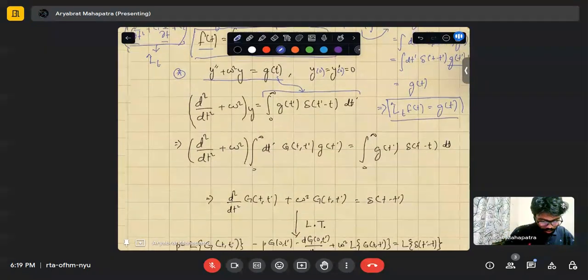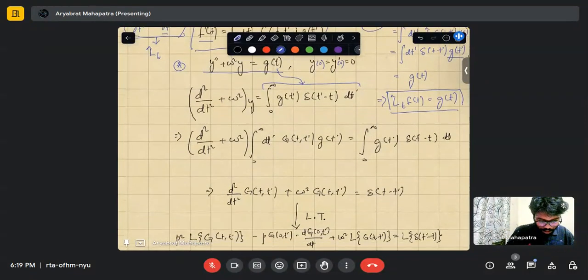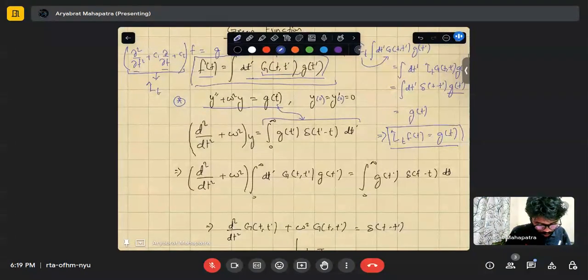And I'm also substituting the answer for y, because for this differential equation y is the solution, and I am substituting it to be this.